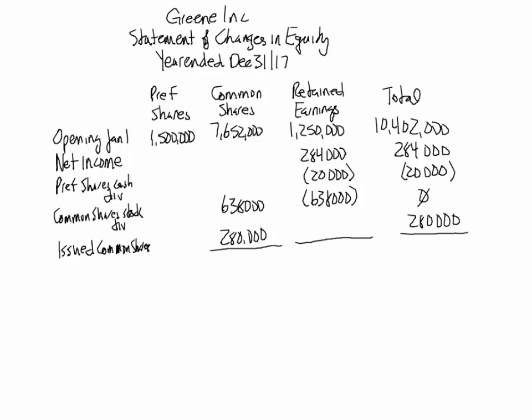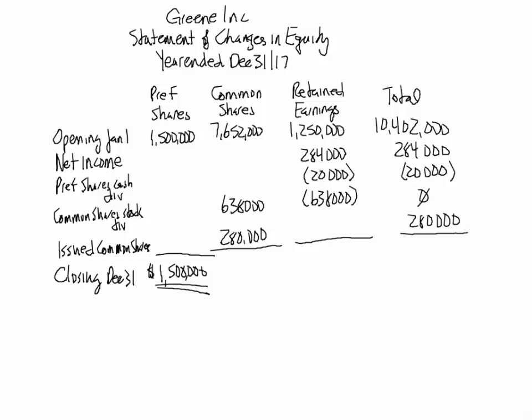If we now add all these amounts together, we will have the closing at December 31st. Those closing amounts should equal exactly what we have in the T accounts. If they don't equal what's in the T accounts, then we know that there's a problem.